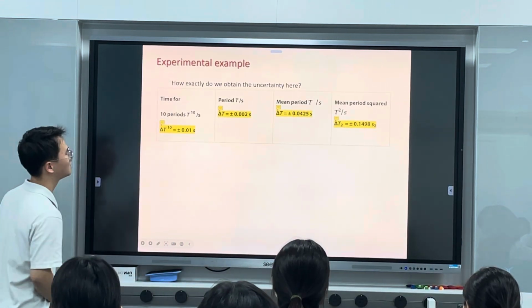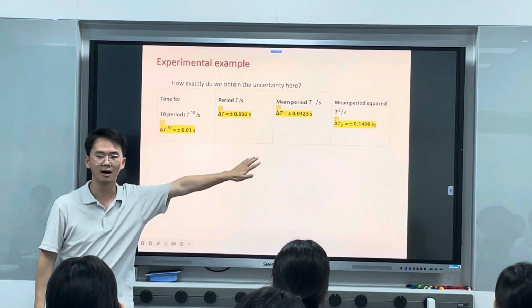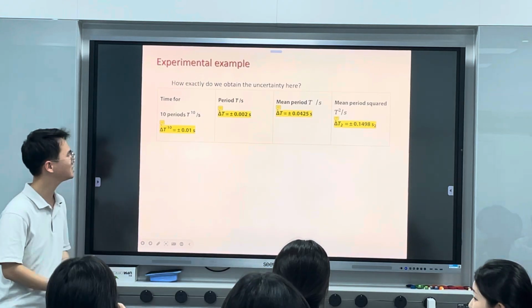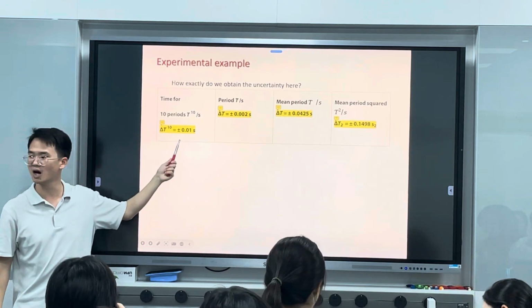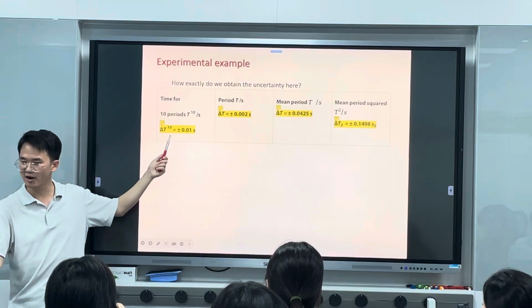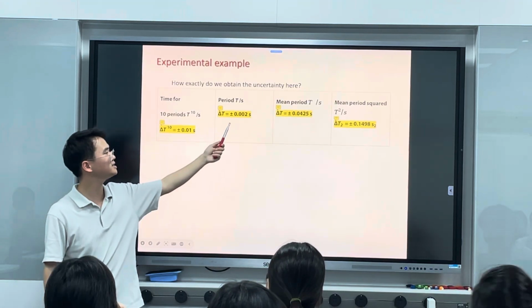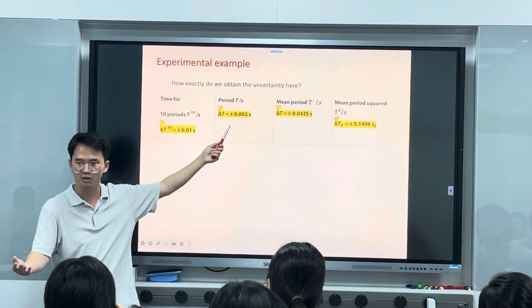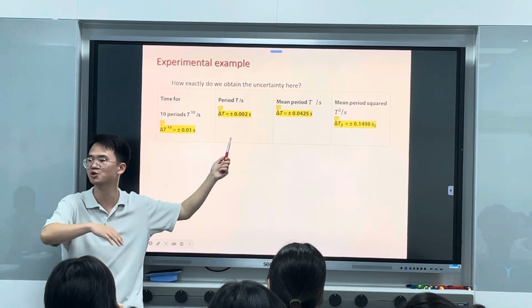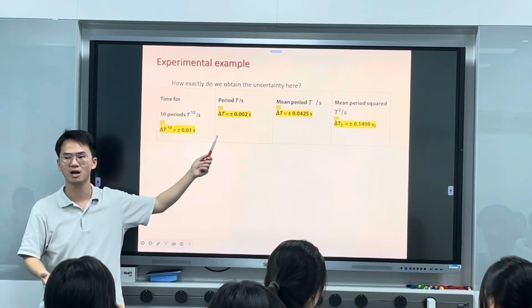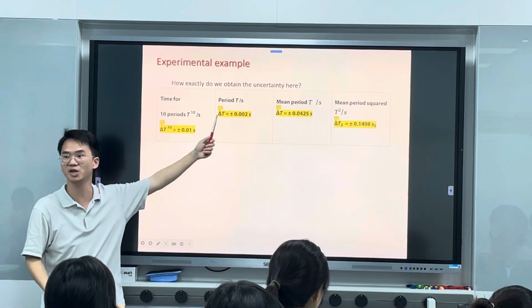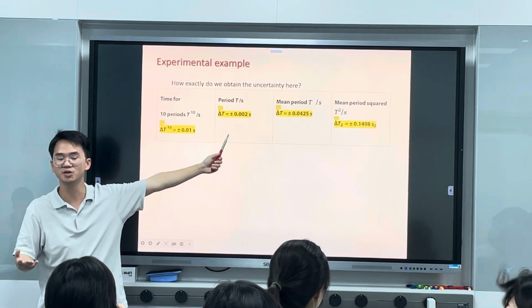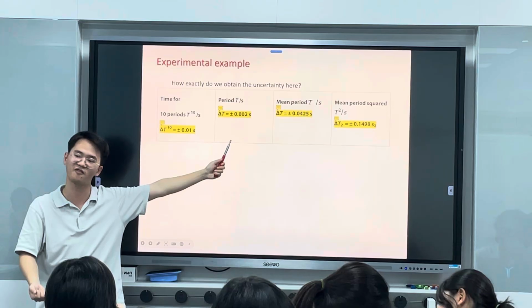So I highlighted those parts, which, let's recall, is due to the inherent uncertainty of the tool. And this here, why is it not 0.001? Because you need to consider other factors that might contribute to a greater uncertainty, but you need to apply your reasoning to justify it.